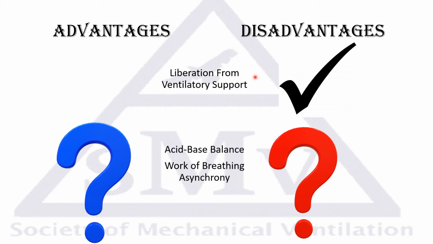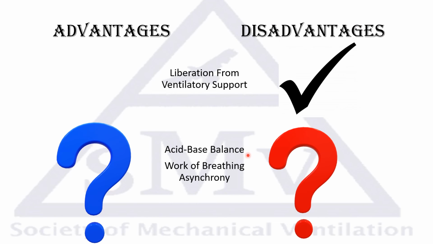But also those studies, although they were very big studies, were at the end of the 1990s, so very old studies. We know that our use of mechanical ventilation is totally different at this time. So I put that check mark here because it is probably a disadvantage.